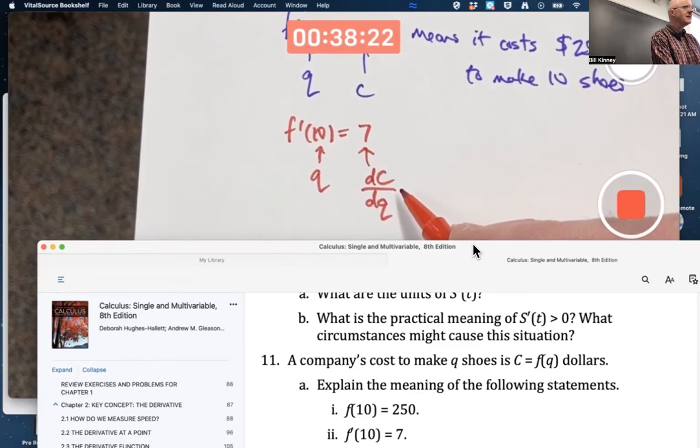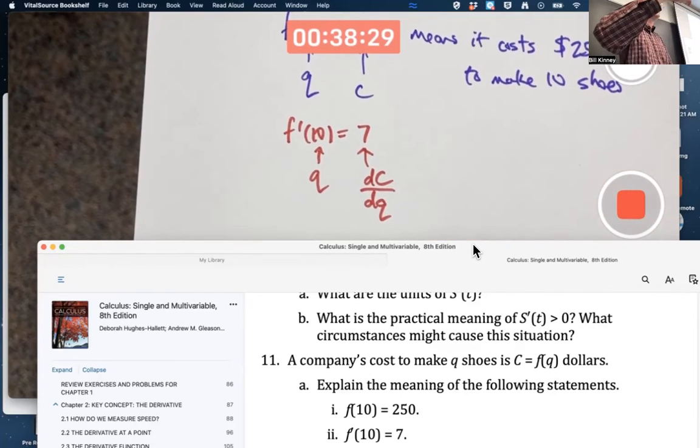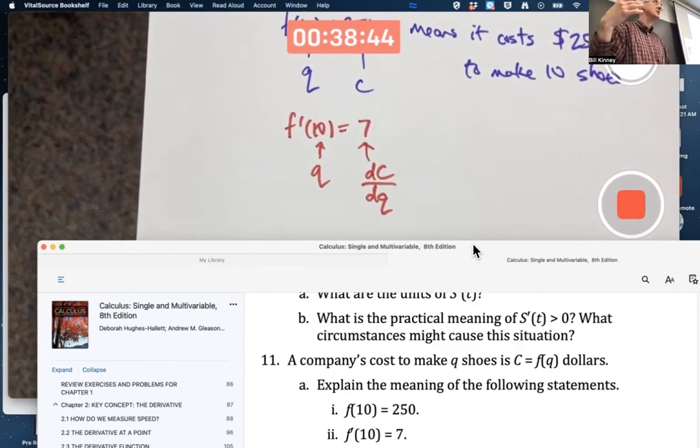dC, dQ. Where do the d's come from? Well, they're kind of similar to the Greek letter delta. In fact, the word delta starts with D. Delta is the Greek version of D. So it's kind of analogous to a change in C divided by a change in Q. It's analogous to a fraction.